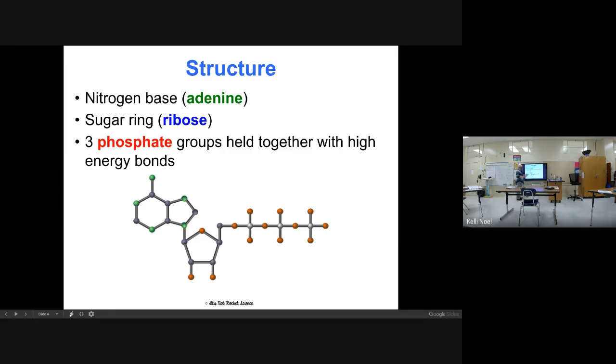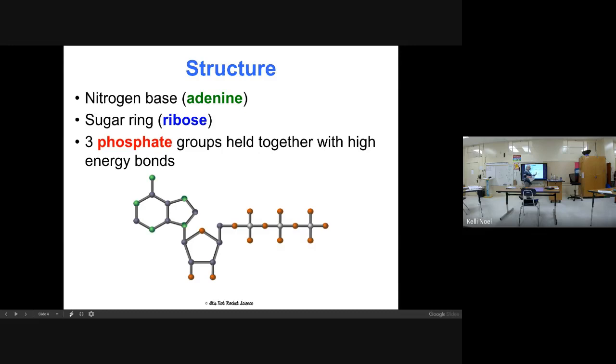So in this picture, this little section here that has the green dots, that is your adenine. Now ribose should have had some blue here. It's a pentagon shape. That's your sugar. And then these three right here are your phosphate groups. Let's see if it labels it. So adenine, ribose, and phosphates.